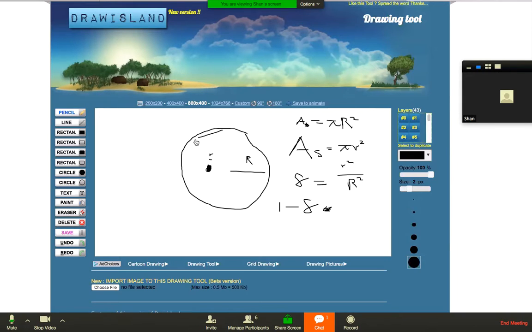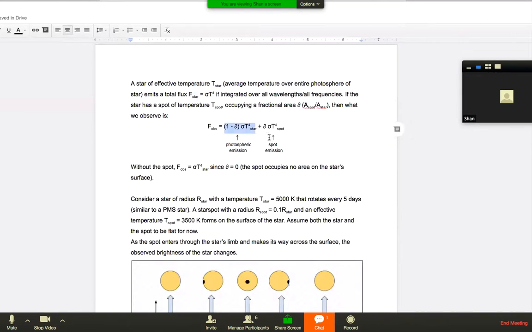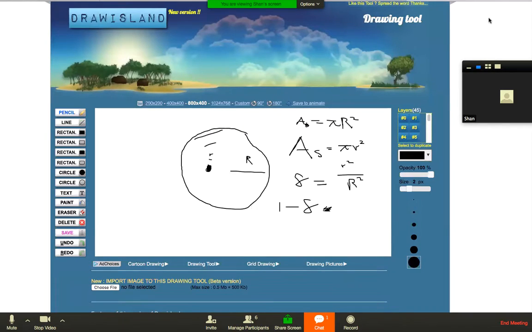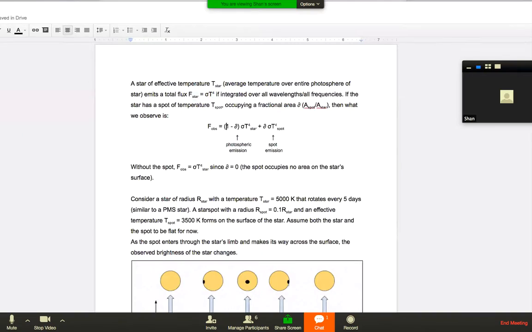So basically, we have this part of the star, excluding the spot, generating a flux that's proportional to the temperature of the star, and that's how we got this part. But the sunspot also has its own temperature, so it's generating its own flux. So that's where this part comes in, and that's the spot emission.